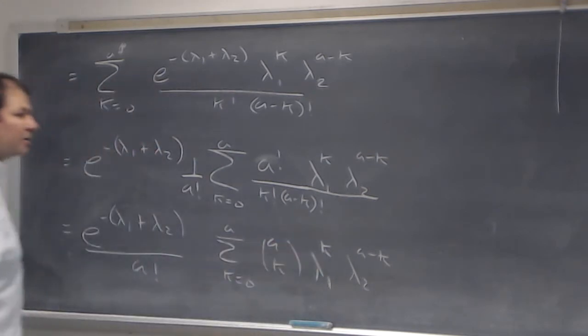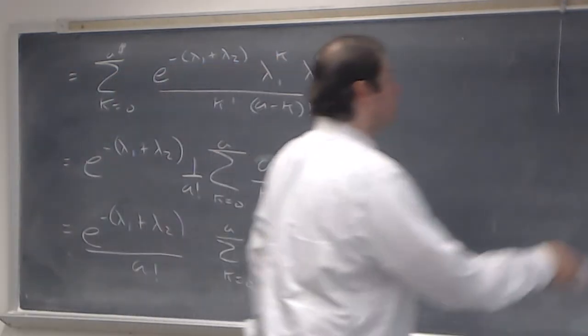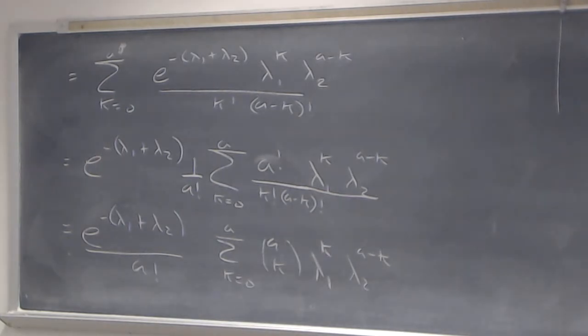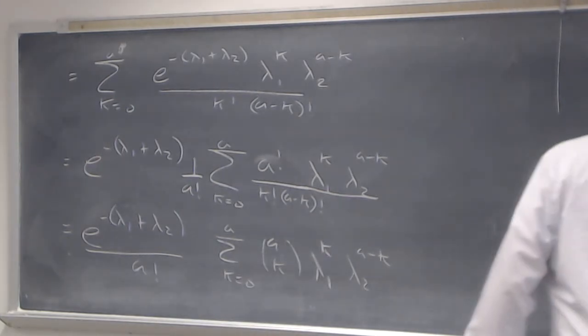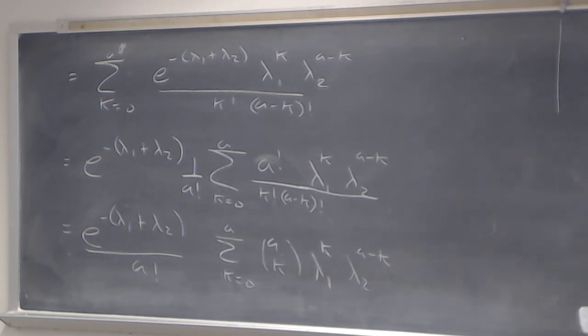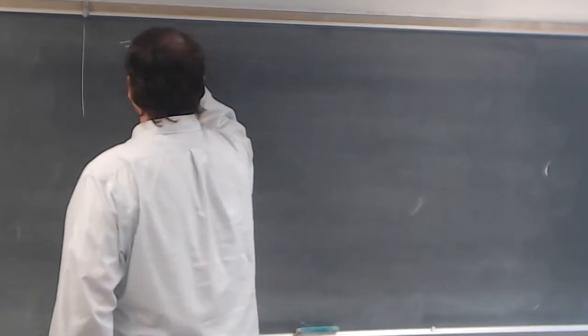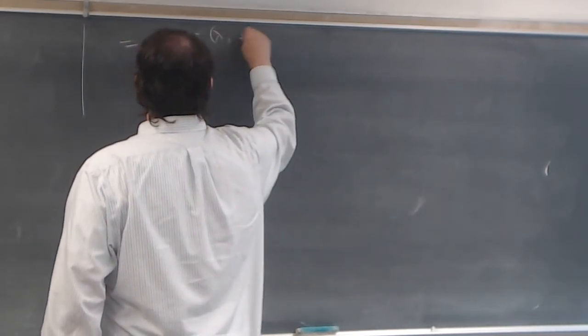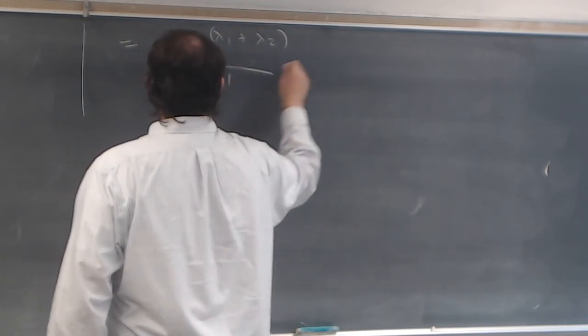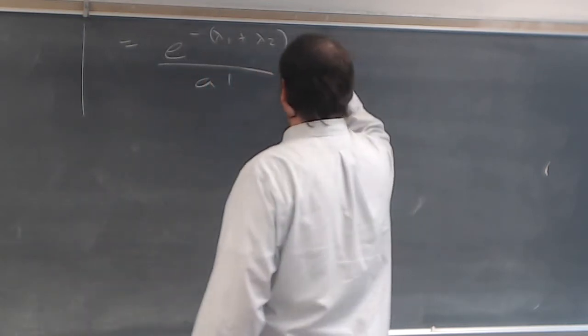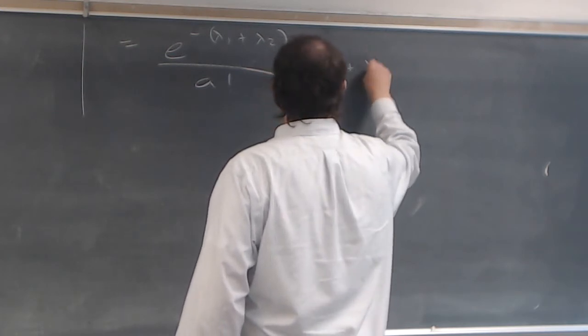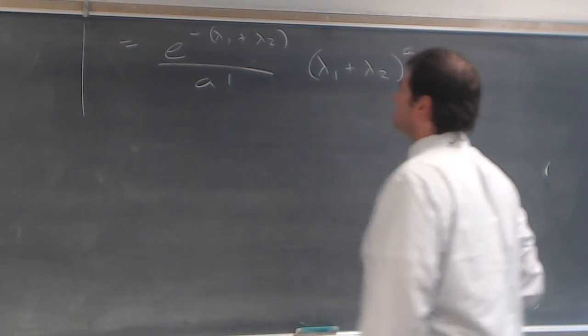And this you can apply the binomial theorem to get the following result. That's going to be equal to e to the minus lambda 1 plus lambda 2 all over a factorial, and then using the binomial theorem, here what we're going to have is lambda sub 1 plus lambda sub 2 to the a.